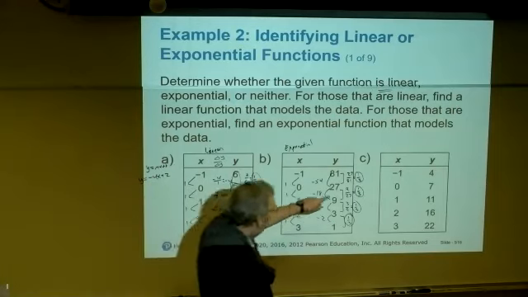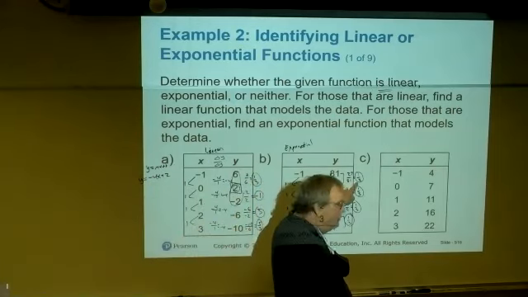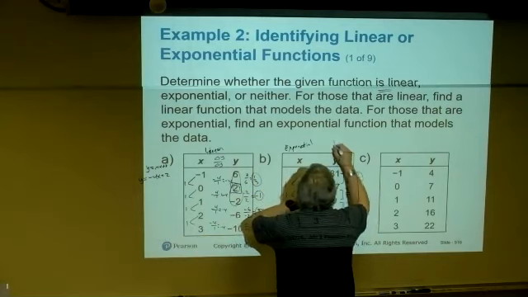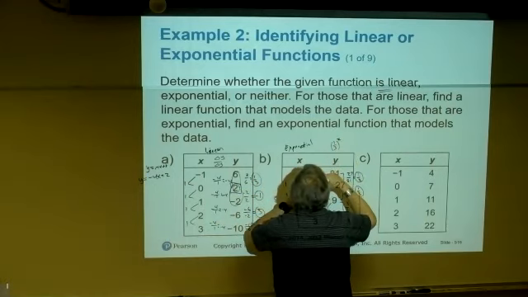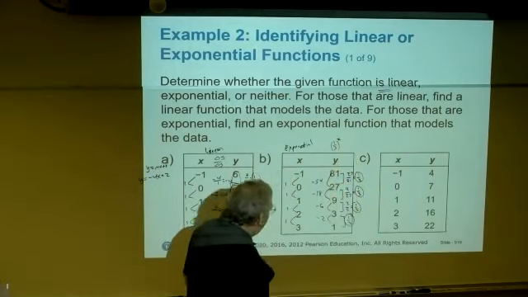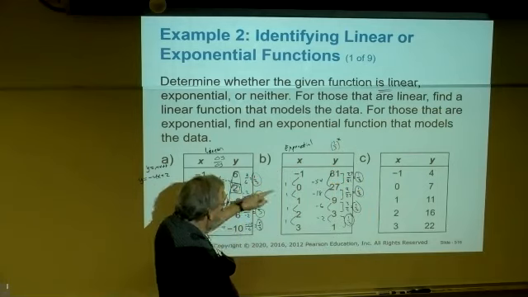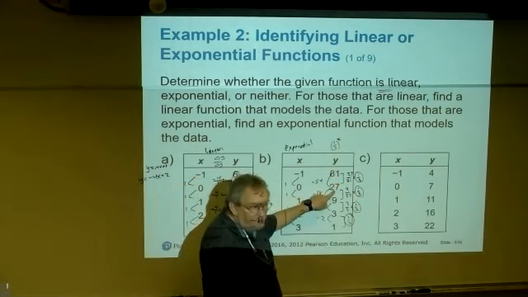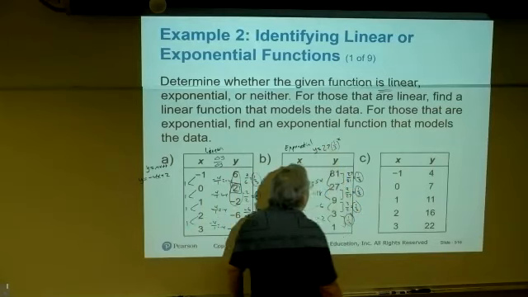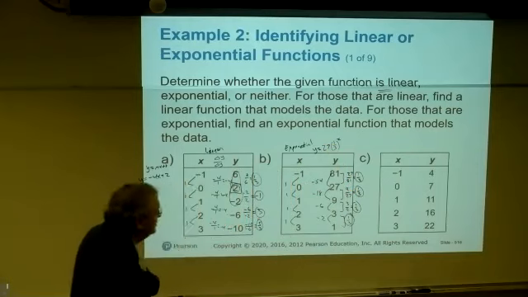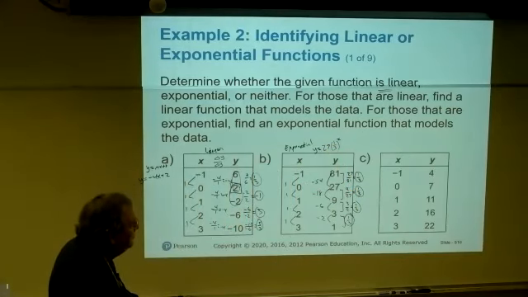Here, this is my a value. So a is 1/3, and that's what I'm raising to the exponent x. And when x is 0, that gives me the initial value, 27. So this is the exponential: 27 times 1/3 to the x power.